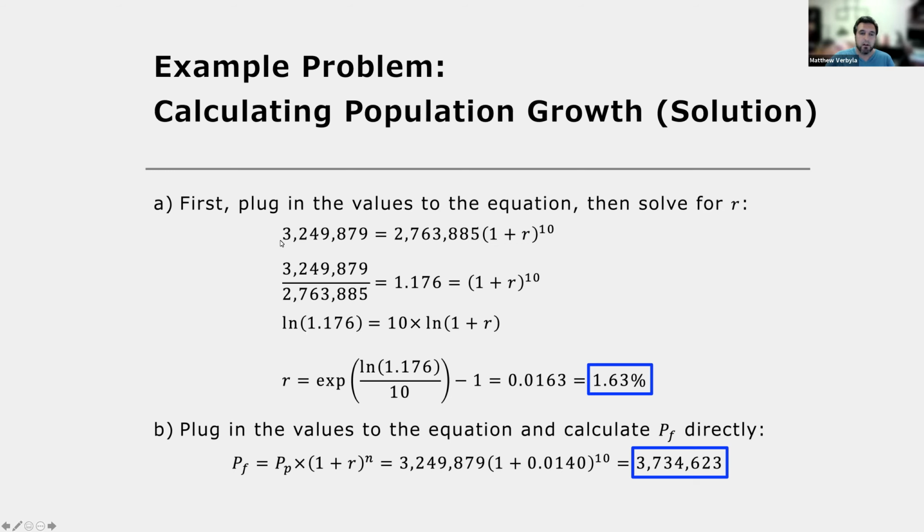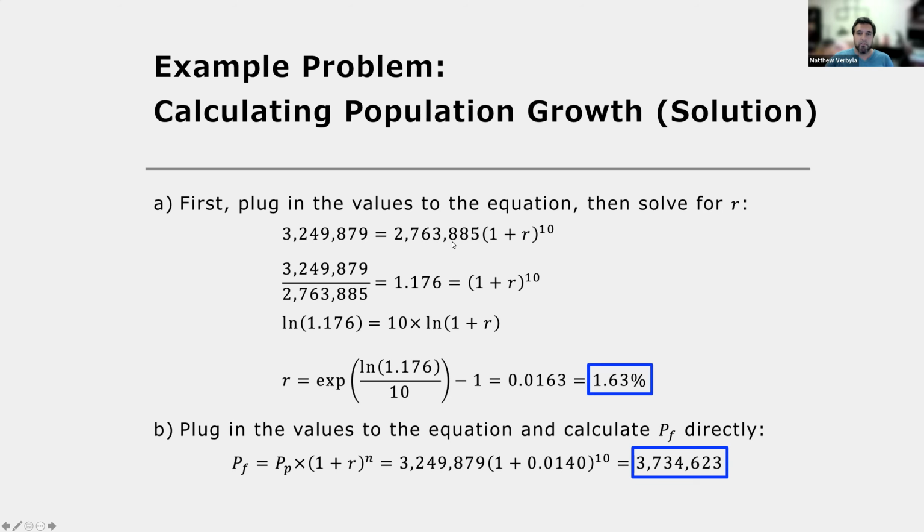Right, so we put the current population in for P sub f on the left-hand side of the equation, 3.2 million. And we put the past year's population in the equation here for P sub p, 2.763 million. R is unknown.